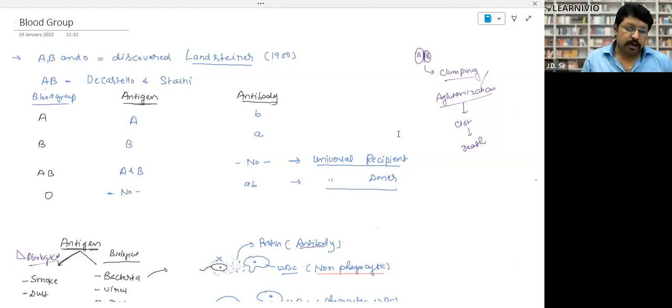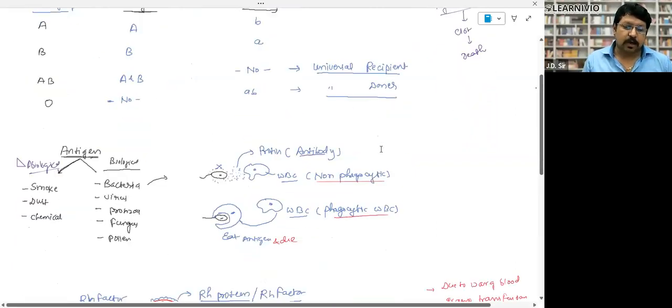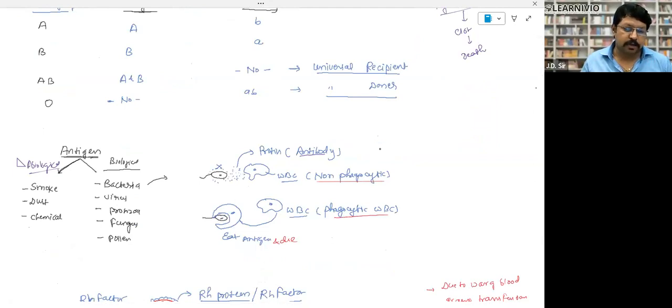Fine. In the last class, I already told you that antigens may be biological or non-biological. Non-biological antigens are smoke, dust, chemicals, and some gases. Biological antigens are bacteria, viruses, protozoa, fungi, and foreign bodies. What are antibodies?